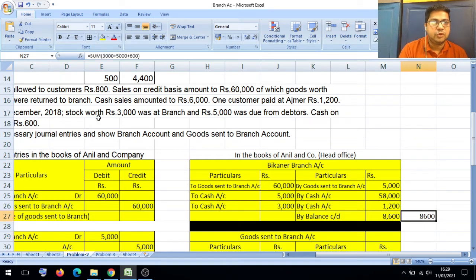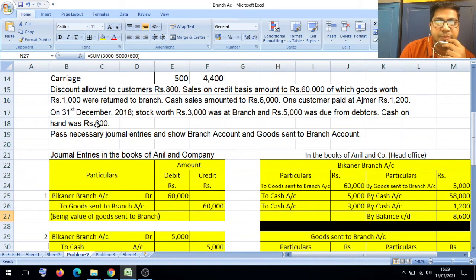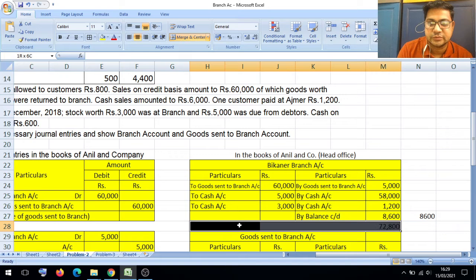The stock worth rupees 3,000. Then after that 5,000 due from debtors and the cash on hand was rupees 600. So these are closing. We have to put in Bikaner branch account by balance carried down, amount 8,600. Okay friends, all entries are over. Now we have to close Bikaner branch account ledger first.